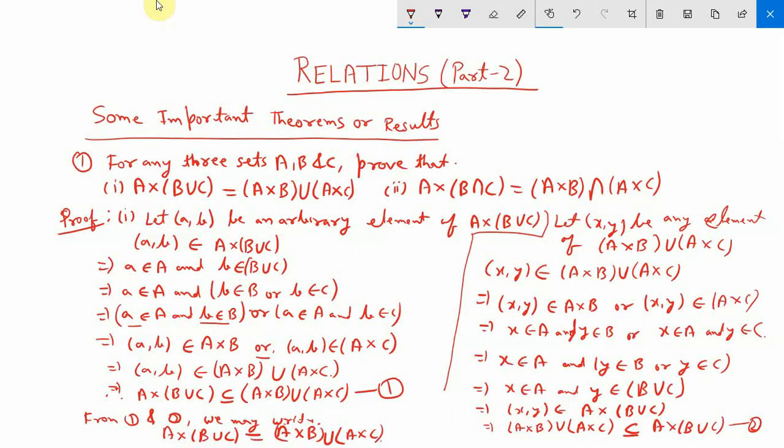This we have written because if two sets are such that A is a subset of B and B is a subset of A, then A must be equal to B. This we have seen in the sets chapter. Okay, friends. So using that result, we have written from 1 and 2, A cross (B union C) equal to (A cross B) union (A cross C). Similarly, like the first one, we can prove this second relation, only in place of union, here it is intersection.